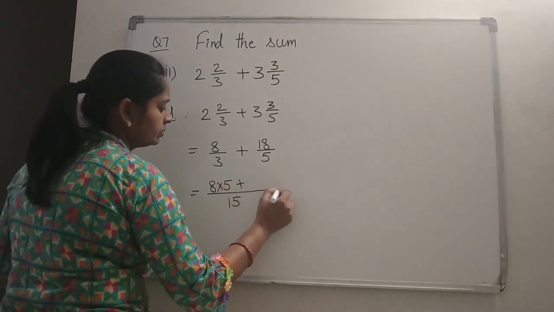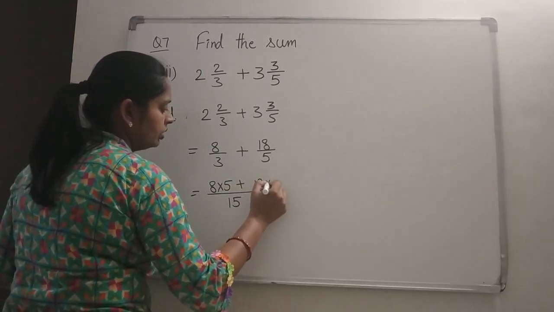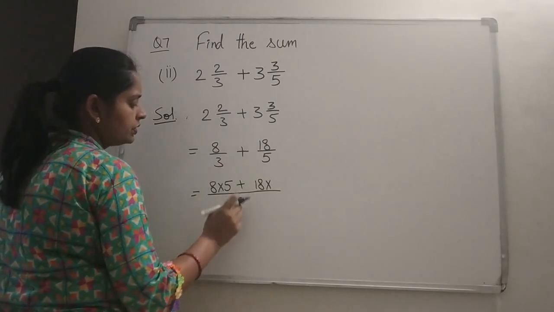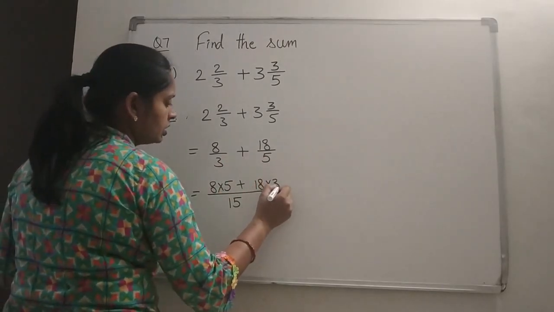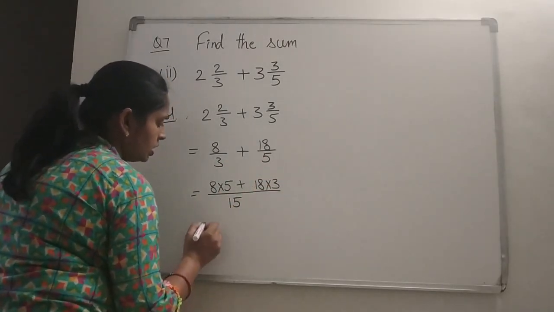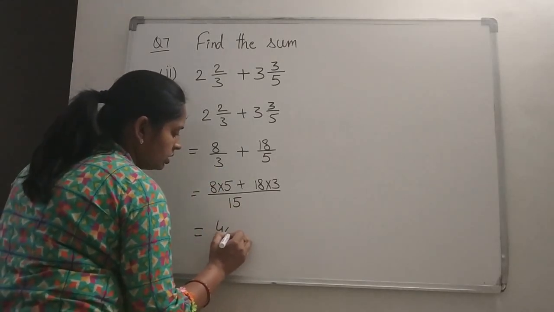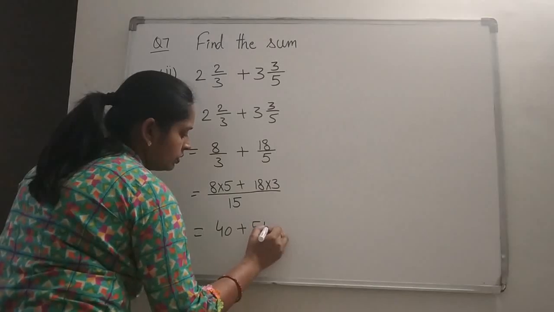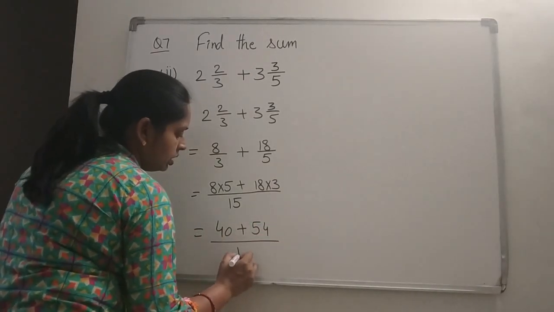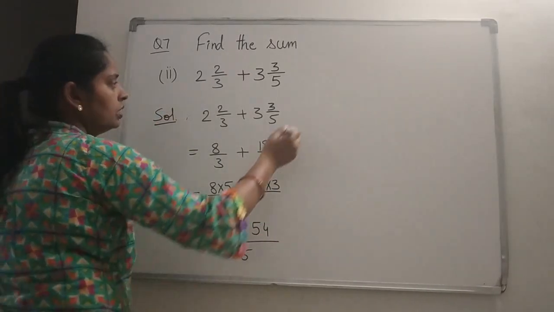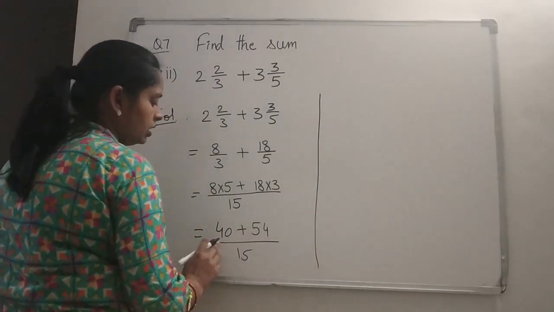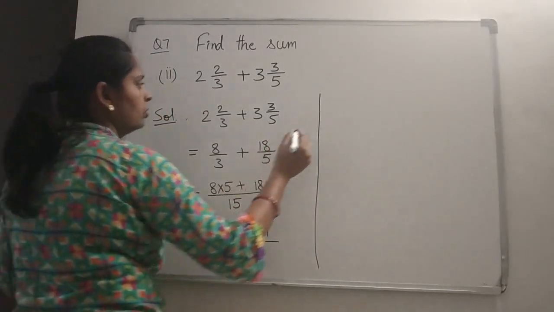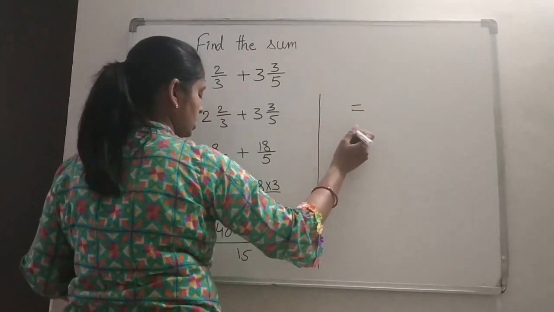Plus 18 into, 5 3s are 15, so 18 into 3. So what answer you get? 8 5s are 40 plus 18 3s are how much? 54 upon 15, right? So by adding 40 and 54, what you will get? You will get 94 upon 15.